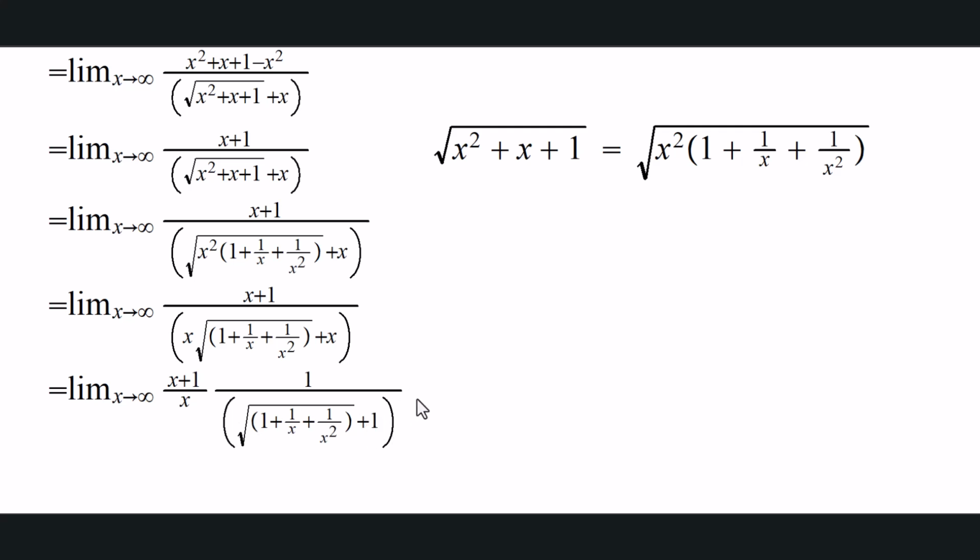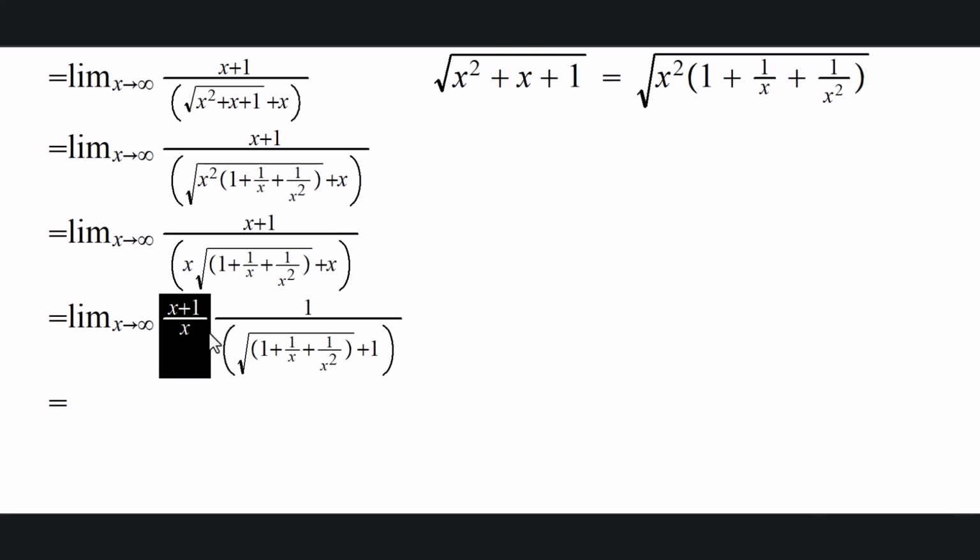Okay, and then what happens? You can see this limit goes to 1. You can either go by your pre-calculus rules, polynomial divided by polynomial of the same degree, or whichever way, and these two will go to 0. So what we would get is 1 over the positive square root of 1, that is 1.